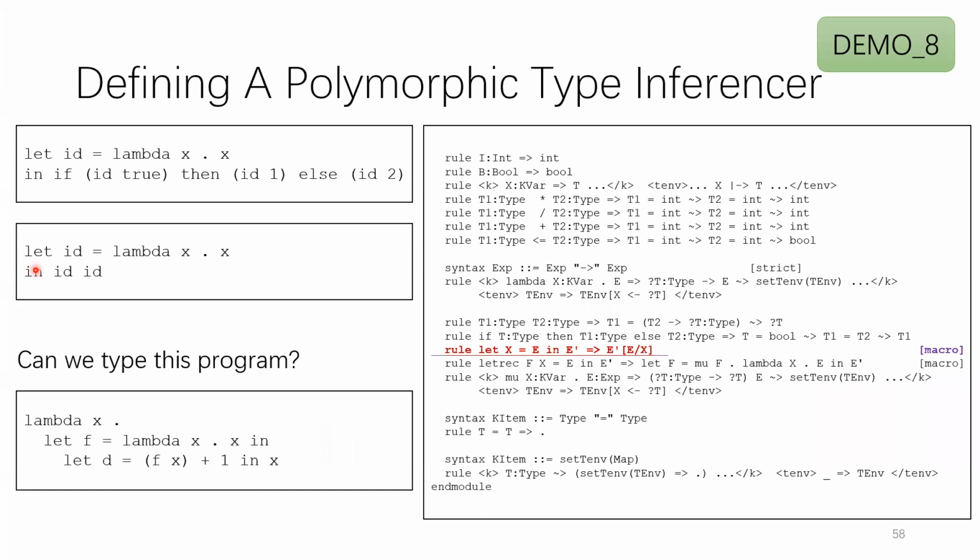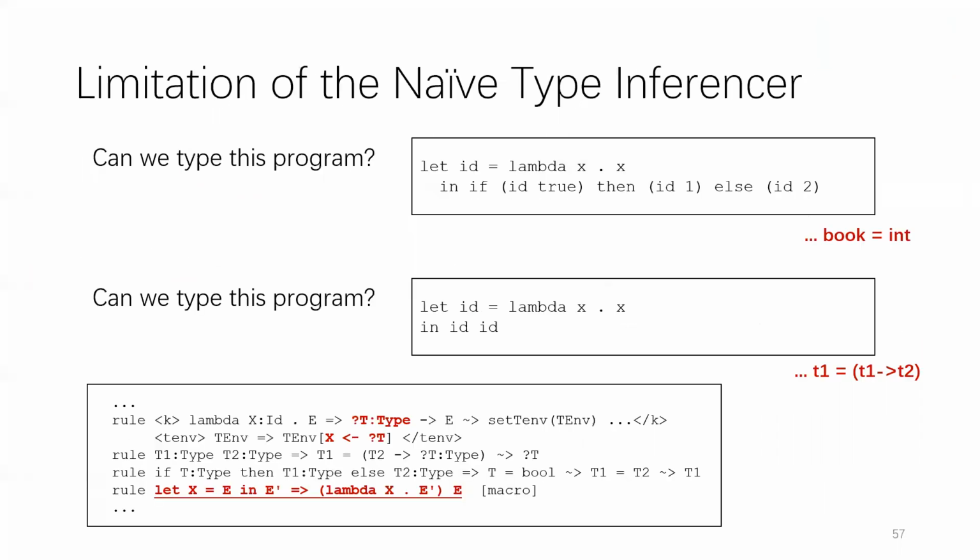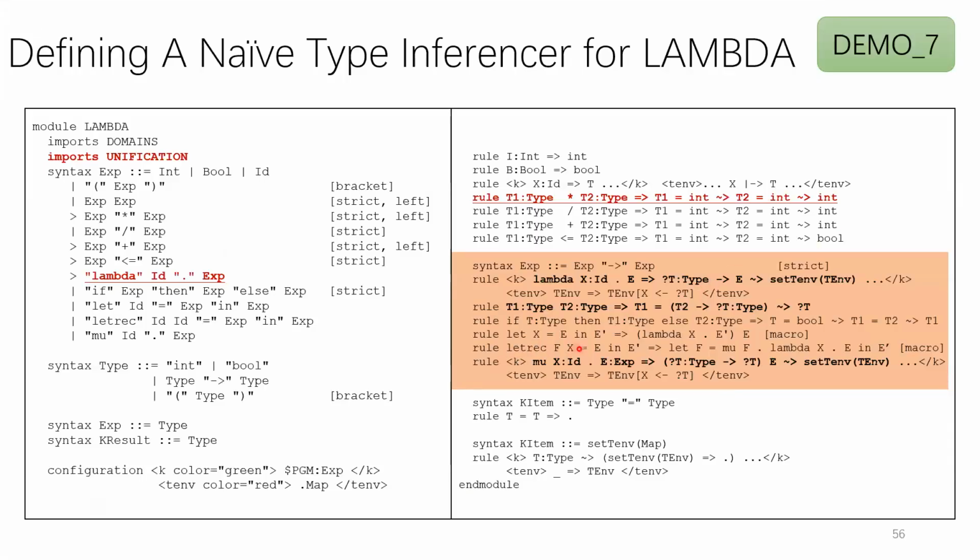The polymorphic type inferencer is actually very simple. We already know the problem that we can't type these programs: when we see a let, we rewrite it into a lambda, and that means we assign x one fixed type variable, used everywhere in the body.